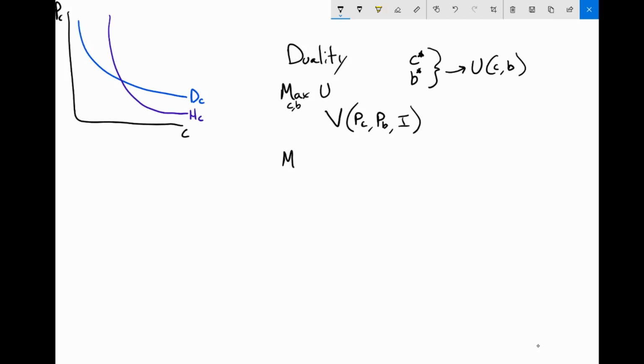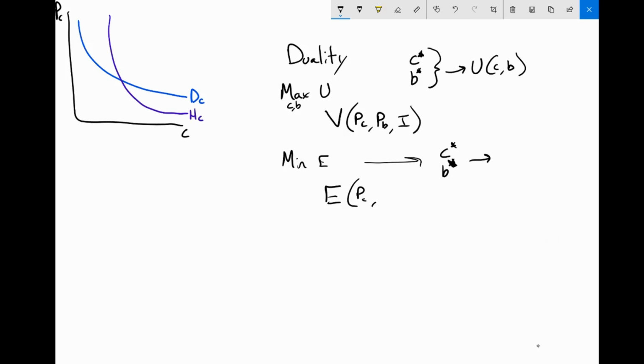If we did an expenditure minimization, then we would end up with the optimal expenditure function, which is a function of the price. We do expenditure minimization. We will find a C star and a B star, which we now know are the Hicksian, or the compensated demand functions.